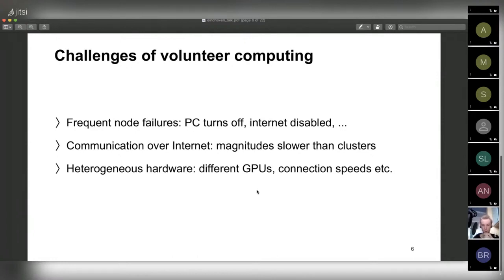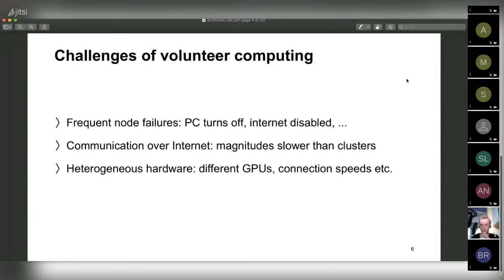Unlike your GPU cluster, you have some specifics related to the fact that some participants might decide to leave the collaboration, leave the overall computation experiment throughout this training run and turn off the PC, or maybe we can have some internet failures in some cities or even in some streets. So if you drop out of the network, it should be able to proceed with the training.